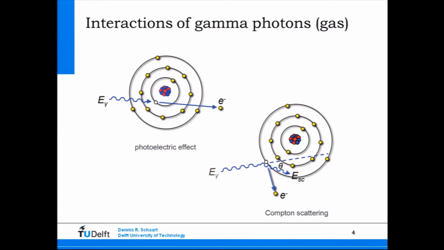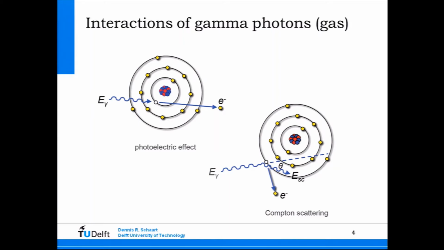Roger already showed this slide. There are a couple of different processes that can convert ionizing particles into charge. And we are specifically interested in photons, electromagnetic radiation, in particular gamma radiation.